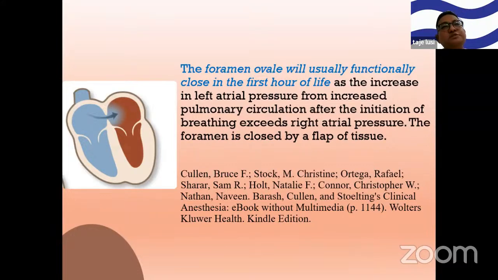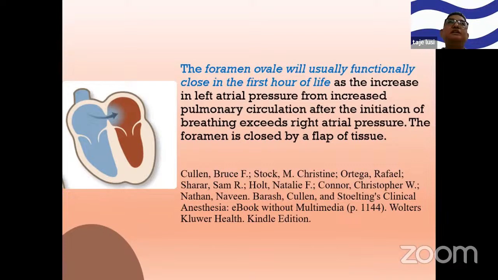Then what is the cause for the increase of left atrial pressure? As Dr. Animesh has explained, there is a decrease in PVR, that is pulmonary vascular resistance, and an increase of SVR, that is systemic vascular resistance.